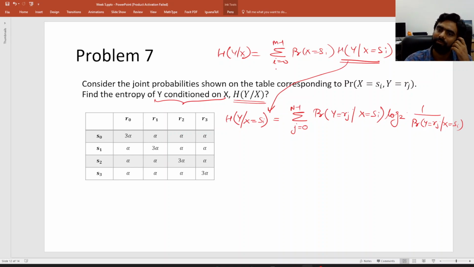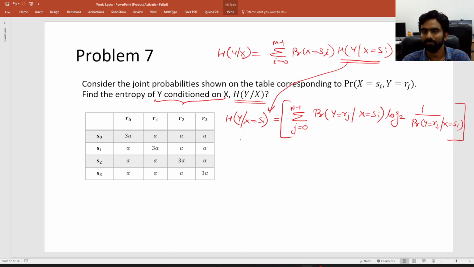So pay attention, the previous formula was correct only. From i equal to 1 to n minus 1, where X takes value S_i, this H of Y given X equal to S_i would be calculated by using this formula.